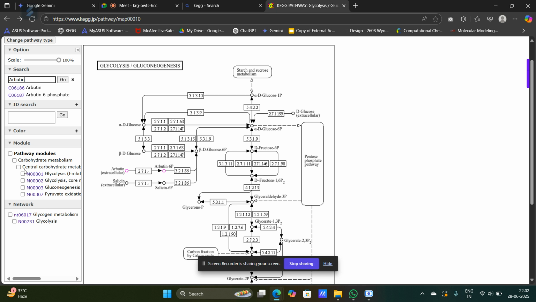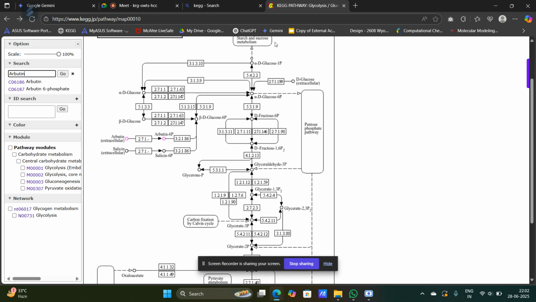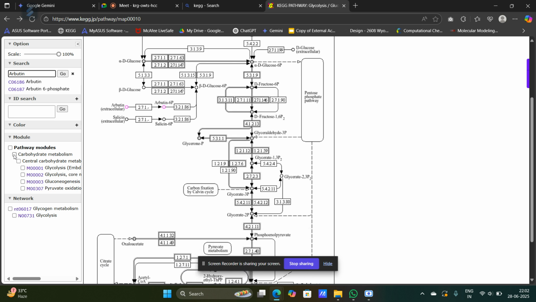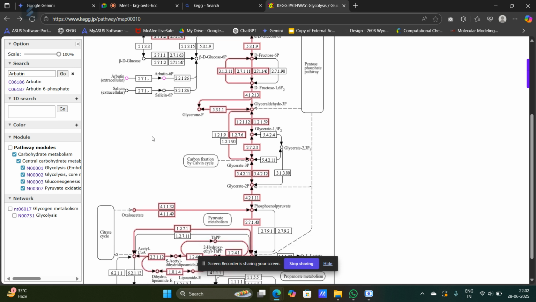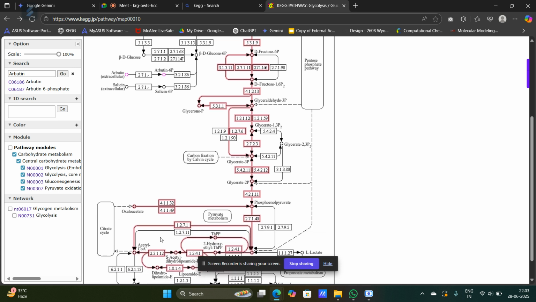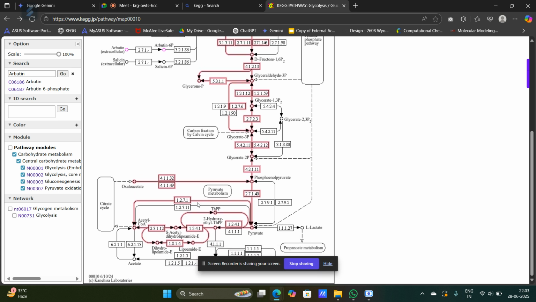Okay. Now, here under modules, this is the whole pathway, and this whole pathway is divided into different divisions. If I click on carbohydrate metabolism, you can see a particular pathway within this whole diagram will be highlighted.